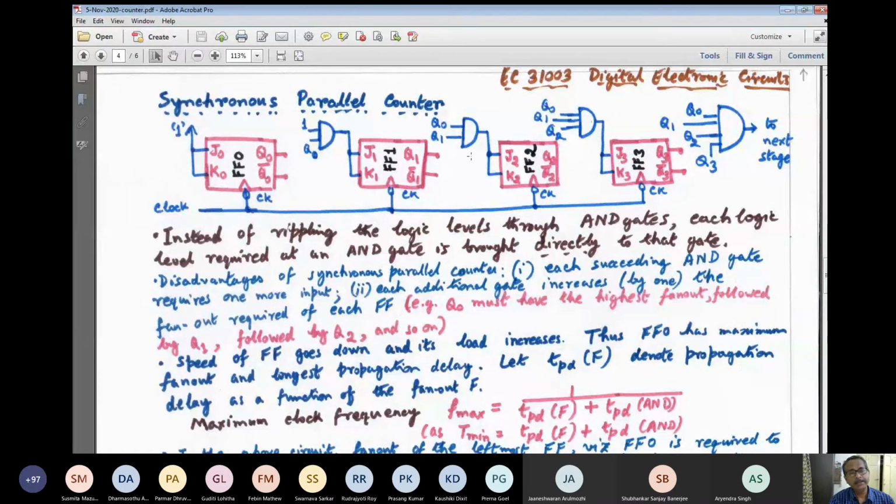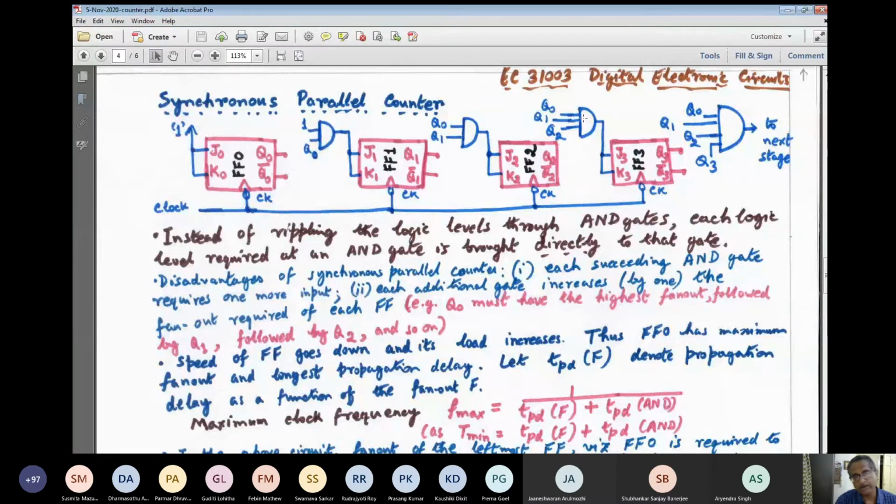So if you just terminate at a 4-bit counter, then the maximum fan-in called for is 4. That means this TPD AND which you are writing will refer to the propagation delay of the AND gate having a fan-in of 4.